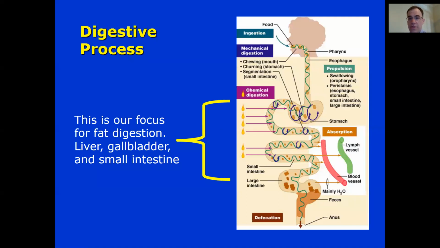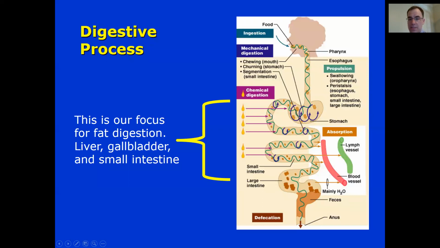So here's the overview of the digestive process, just to give everybody up to speed. You may have had this in anatomy and physiology, but just so everyone has an idea of how food is digested, let's talk about this. When you eat, food goes through your mouth, down your esophagus, and into your stomach, where it gets digested into chyme.